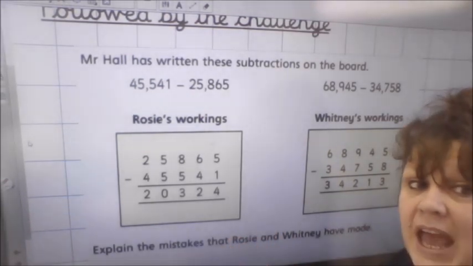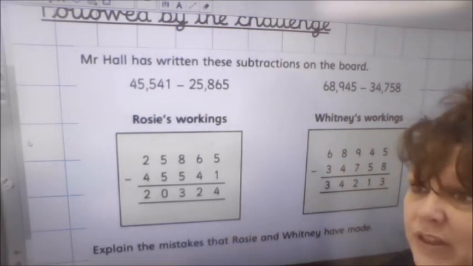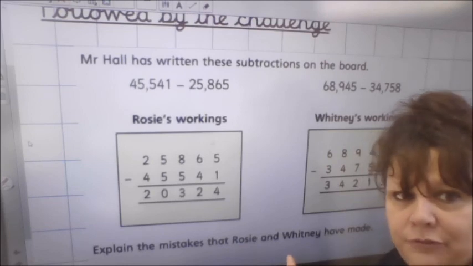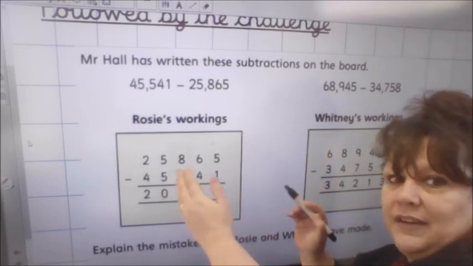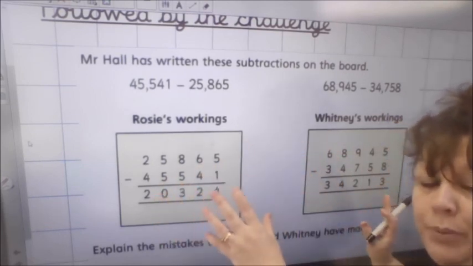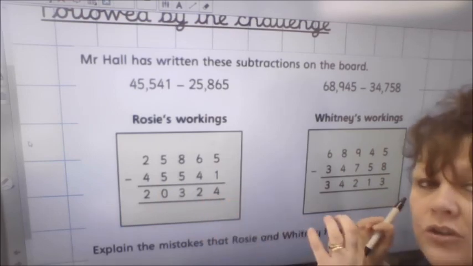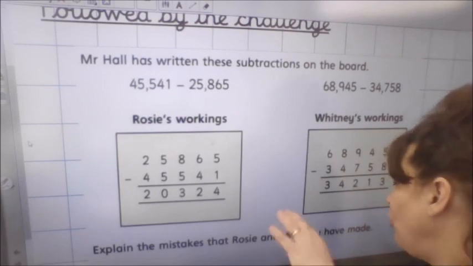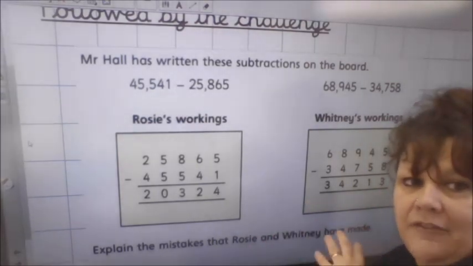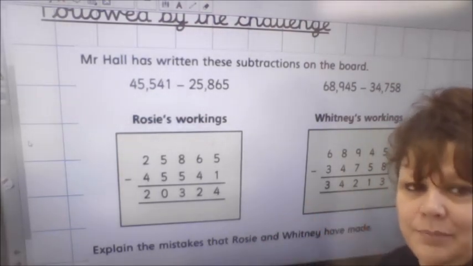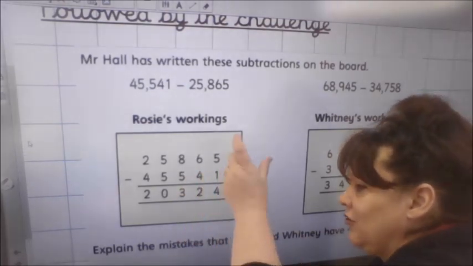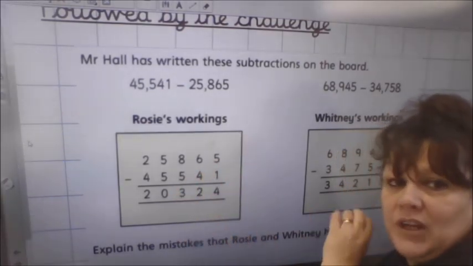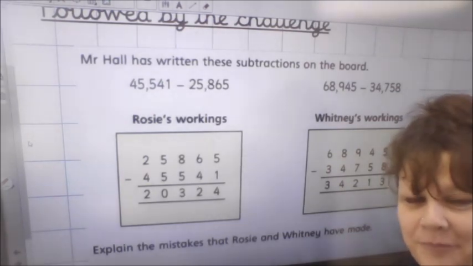So they might have done 8 take away 5 and come up with the answer 4, instead of 3. So you need to work these out on your own in your purple books, and then you can spot what errors Rosie and Whitney have made, and then you can explain them. So what mistakes has Rosie made? What has Whitney made as well?